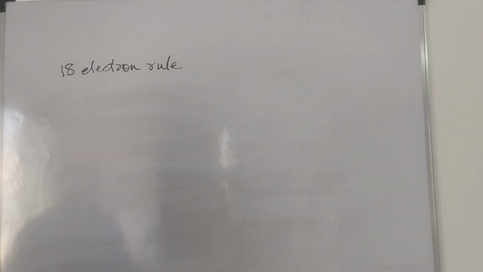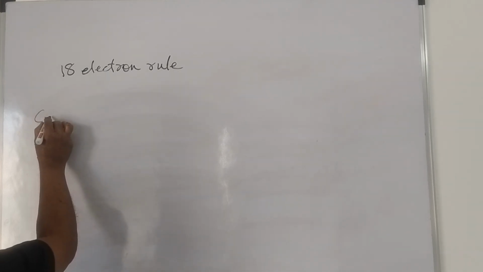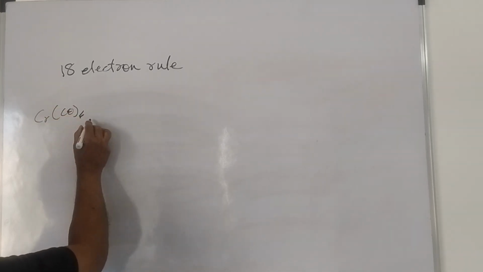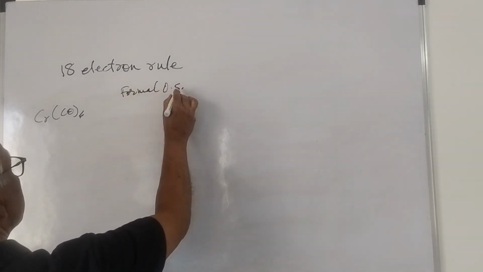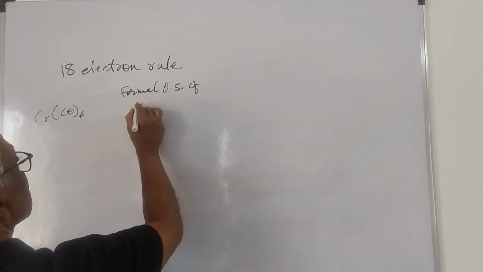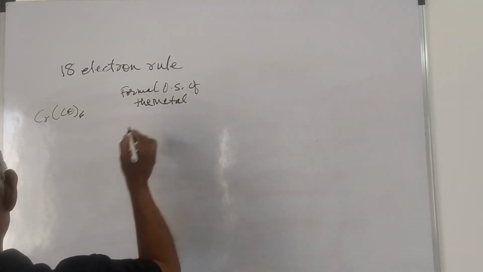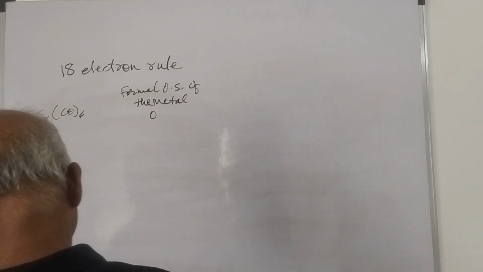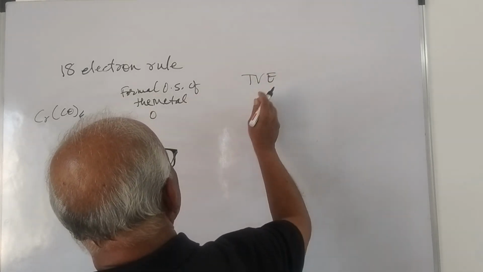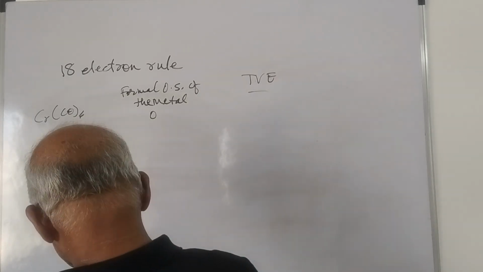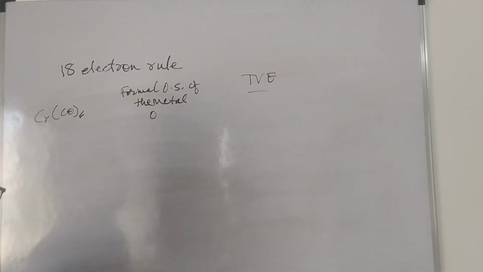See how to calculate the total valence electrons. For example, if we take this complex Cr(CO)6, then the formal oxidation state of the metal is considered, here it is 0, and the total valence electrons are calculated as follows.